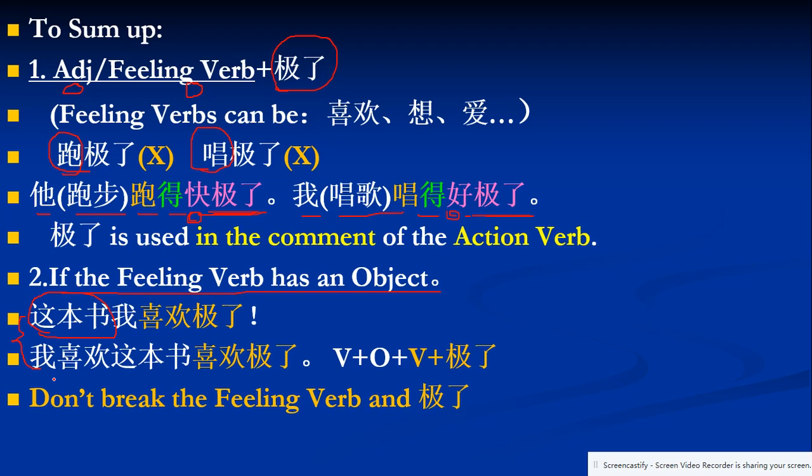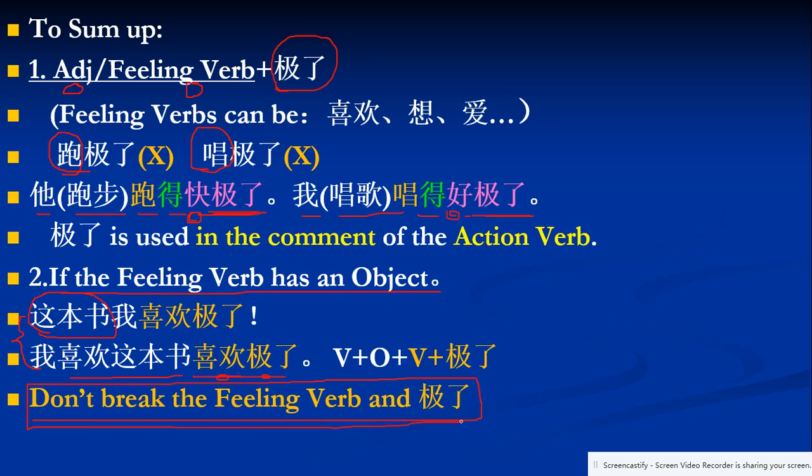The second way to handle it, you repeat the feeling verb and then have 极了 following the feeling verb right away. 我喜欢这本书,喜欢极了。So this is the golden rule. Do not break the feeling verb and 极了.